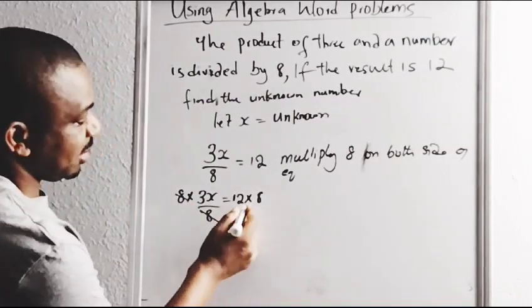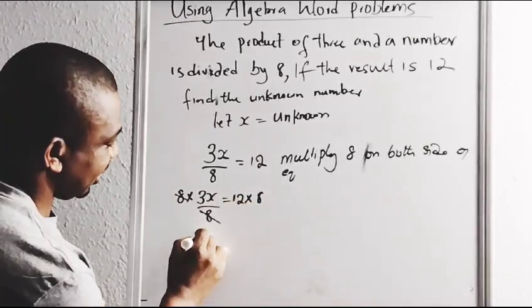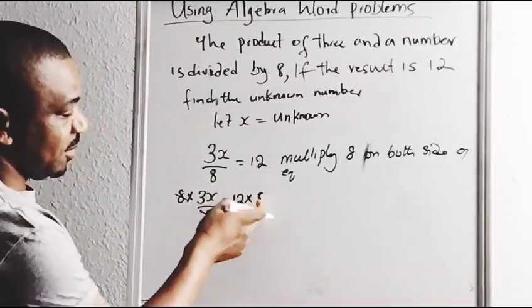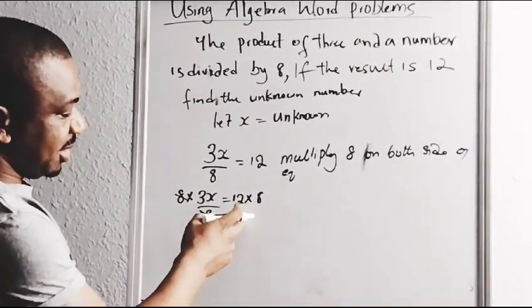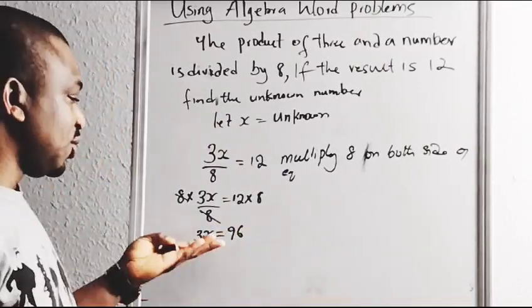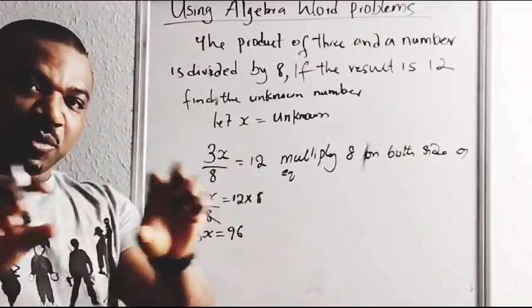And then multiply 8 by 12 here. So we have 3x is equal to 12 multiplied by 8, which is 96.